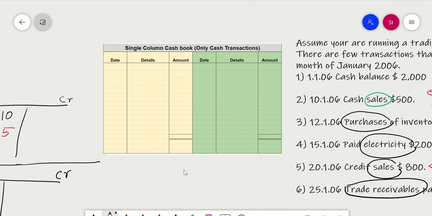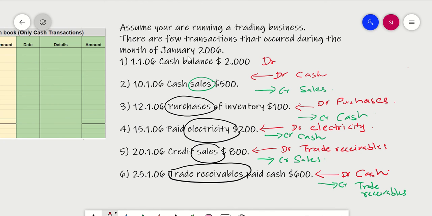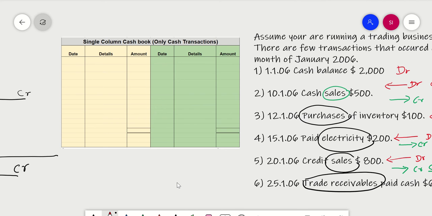Now you can see that transaction number 1, transaction number 2, and transaction number 6 appear on the debit side of your single column cash book.